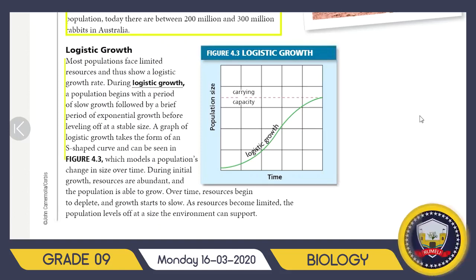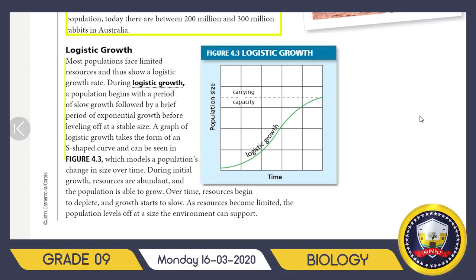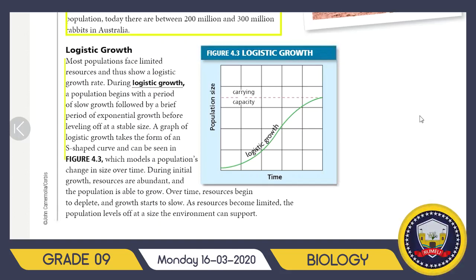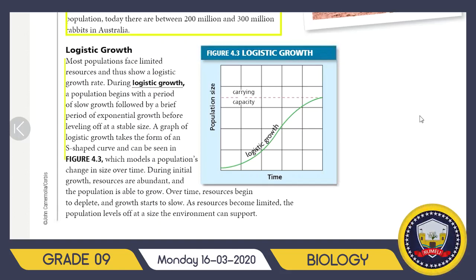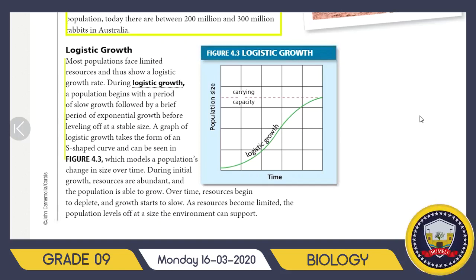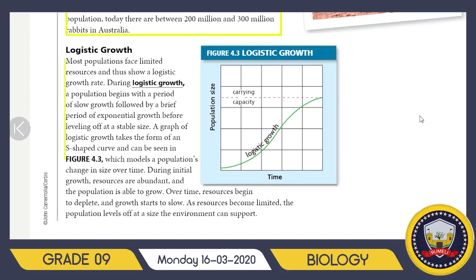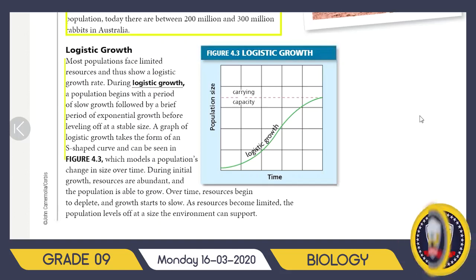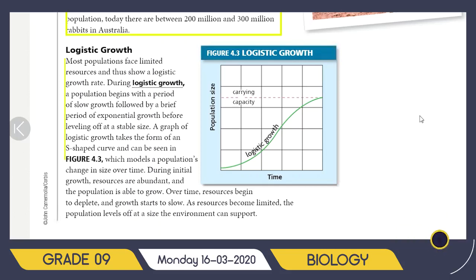When we start populating this rural area, the 200 square meters is populated by 2 people. Because of the abundant resources, the 2 people will grow exponentially to reach 10. When they reach 10, the resources are limited and can support only 10. The growth will decline and level off. That's why 200 square meters in a rural area can support only 10. And this is what we call logistic growth.